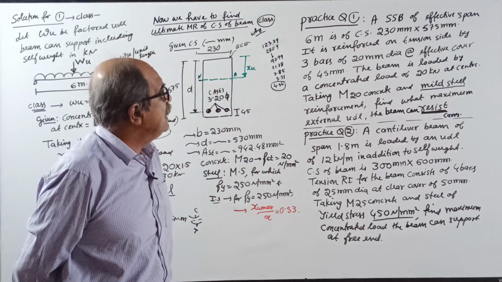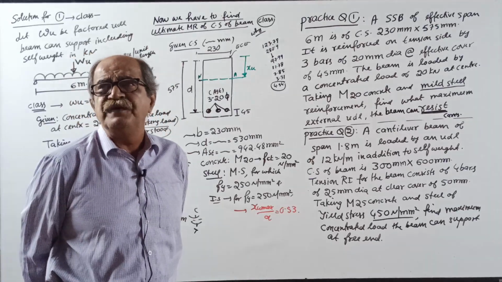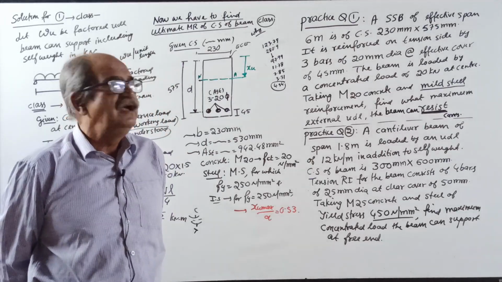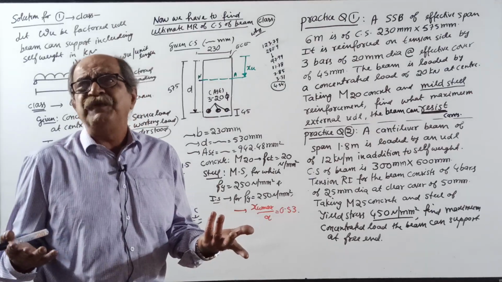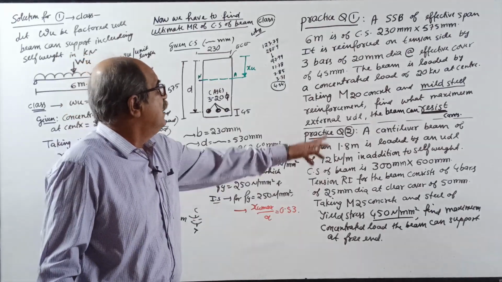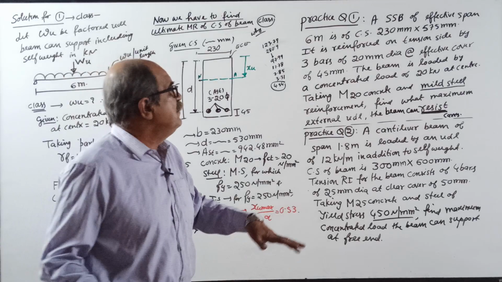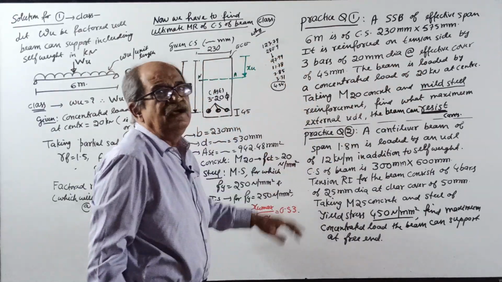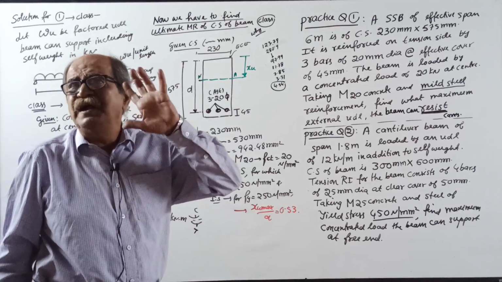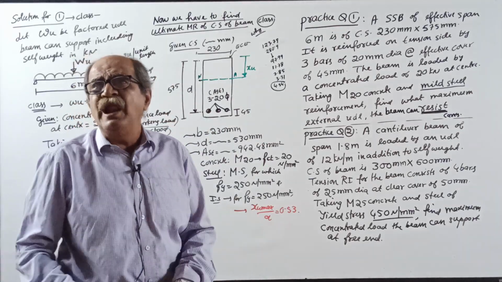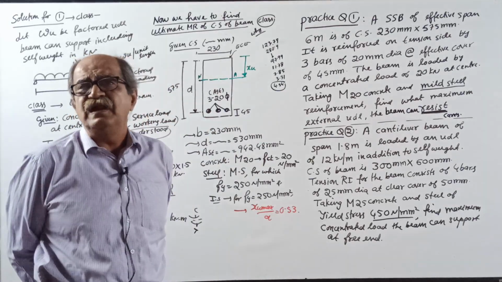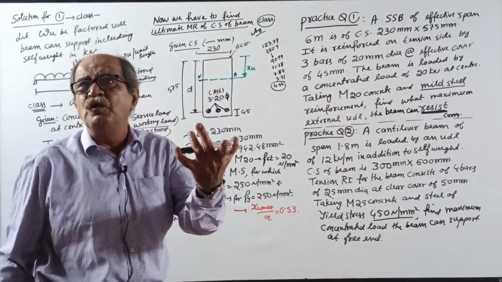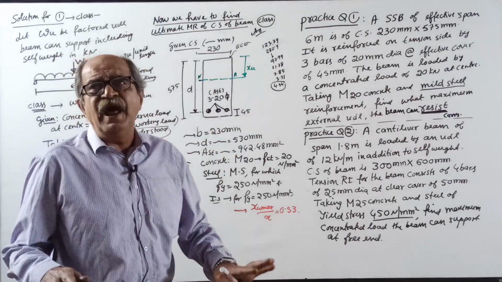Suppose that 20 kN load at center is not safe or beyond critical, there is no question of applying further load. So even after considering 20 kN at center, what BM it will produce, the beam cross section will have capacity to resist further bending moment. That way you can understand it.